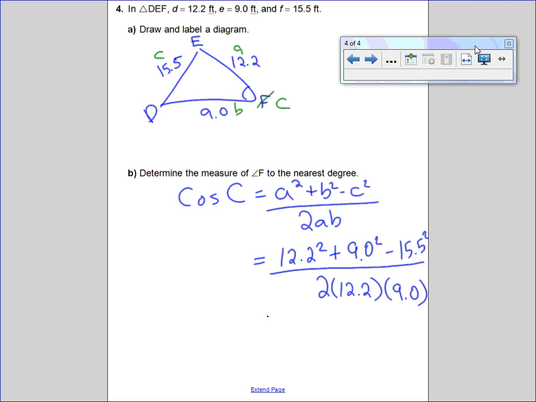So 12.2 squared plus 9.0 squared minus 15.5 squared gives you negative 10.41 over 219.6.